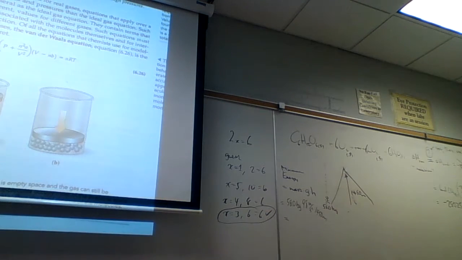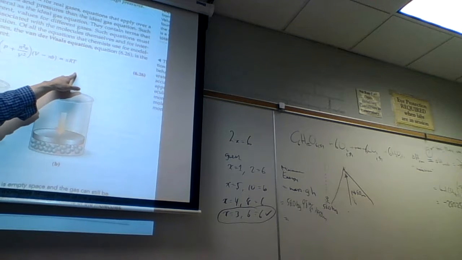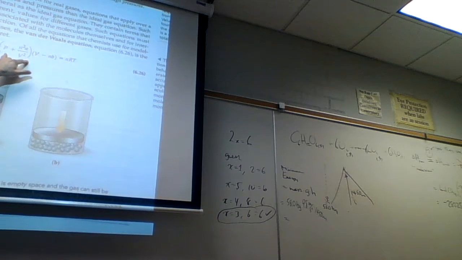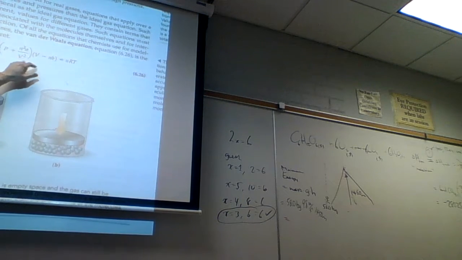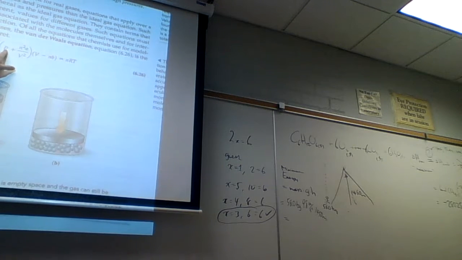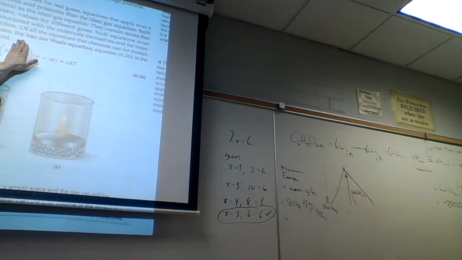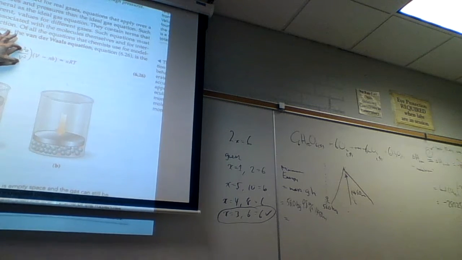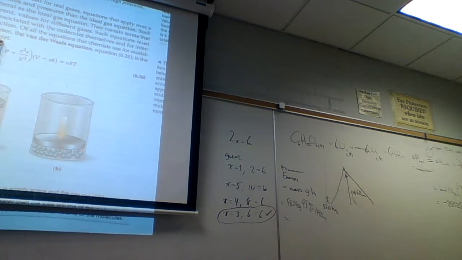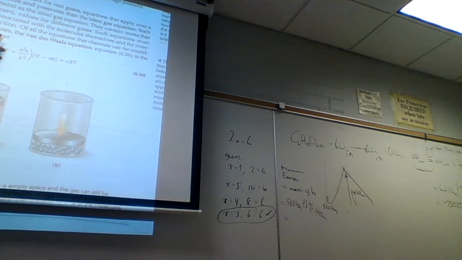There are two corrections here. Normally the ideal gas law is PV equals nRT. But here there's a pressure correction. If there wasn't this pressure correction, the pressure would be larger. But now there's this pressure correction. The bigger this pressure correction is, the lower the pressure actually becomes.